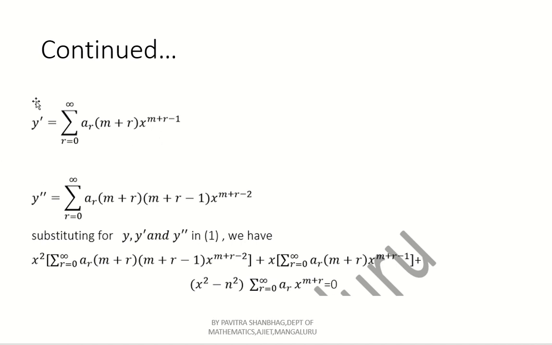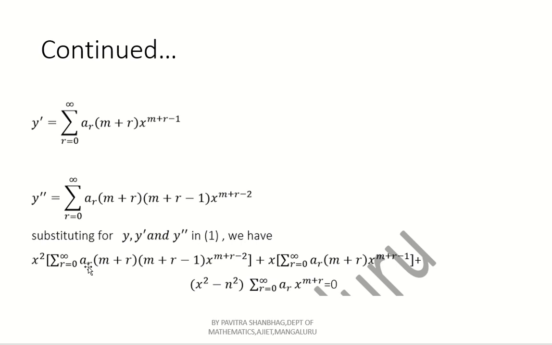Similarly, if you differentiate this expression, you get y'' equal to summation r from 0 to infinity, a_r as it is, into (m+r). The derivative of x^n form is n x^(n-1), so (m+r-1) x^(m+r-1-1), that is minus 2, into the derivative of x, which is 1. After finding y' and y'', you have to replace them back in the given standard equation, right?